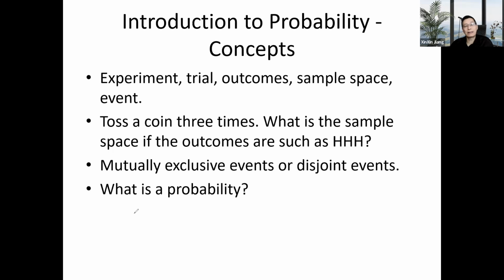So probability is a function defined on the sample space. It's called a probability if it satisfies three axioms. So P defined on the sample space S is a probability function.